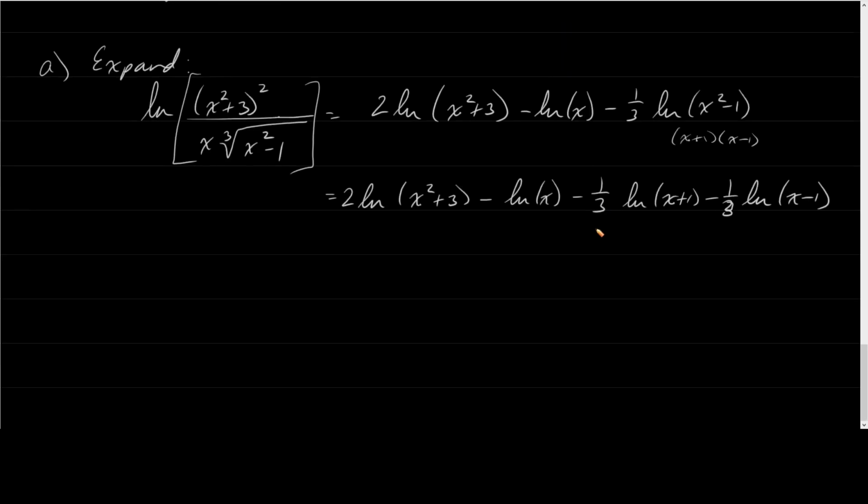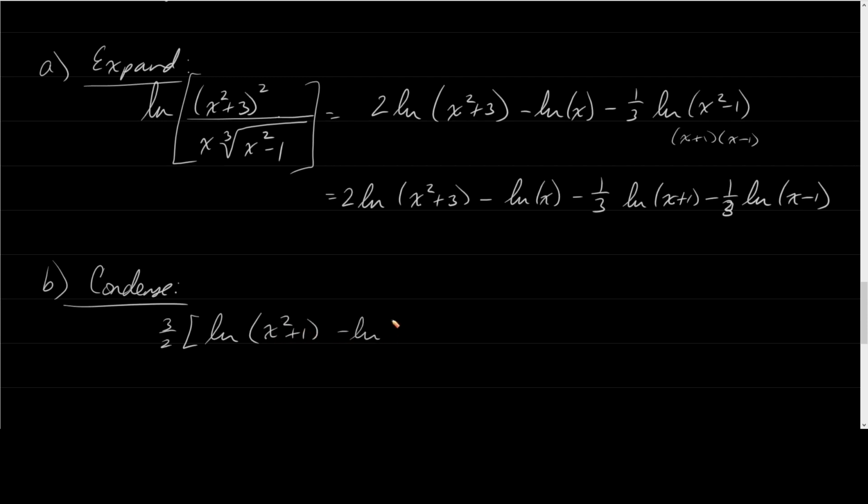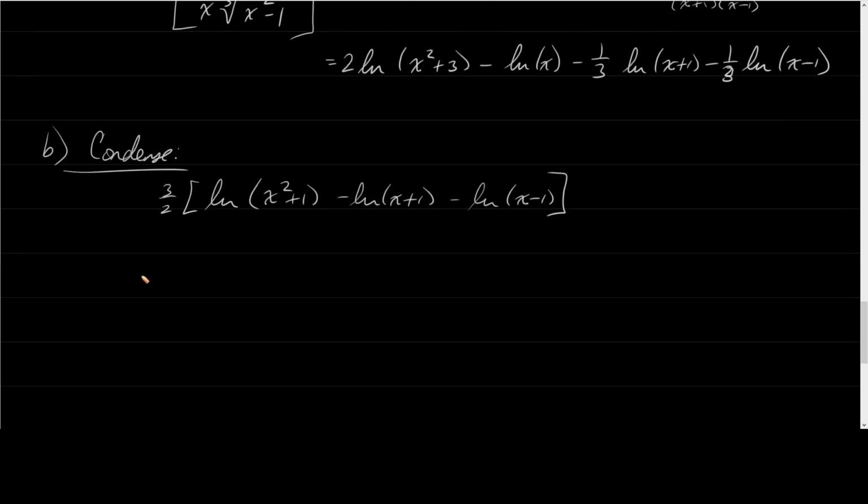And we can apply the same exact trick to condense, right? So if I have something like 3/2 times ln of x squared plus 1 minus ln of x plus 1 minus ln of x minus 1, well, that would give me something like this.